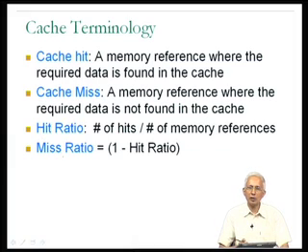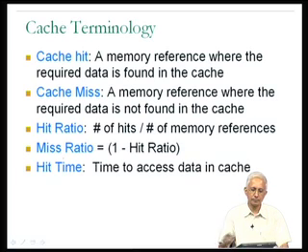You could alternatively talk about the miss ratio, which will be 1 minus the hit ratio. So in our particular example, I would have a miss ratio of 0.1. So we would be happy if our programs benefit from a very high hit ratio, and we would be unhappy if the miss ratio is high.